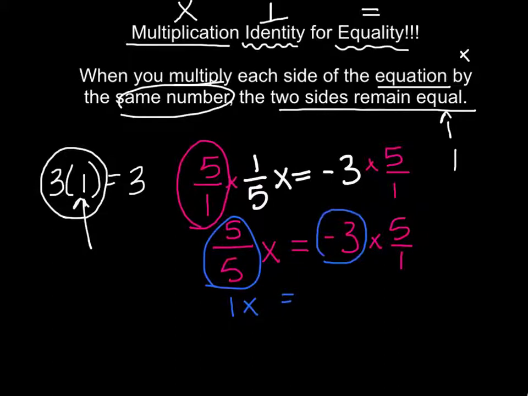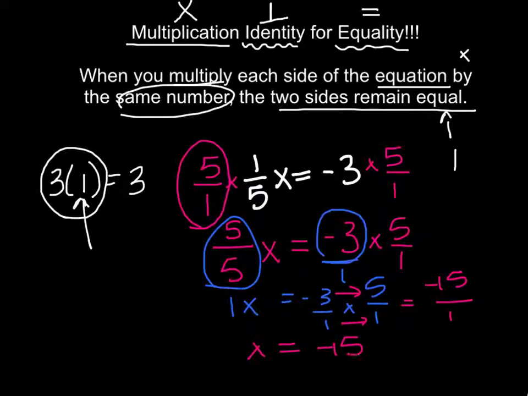We can turn that negative 3 into negative 3 over 1, times 5 over 1, and do the math. For multiplication, we're multiplying straight across. Negative 3 times 5 equals negative 15, and 1 times 1 equals 1. So a single x is equal to negative 15. That is our final answer for this particular situation.